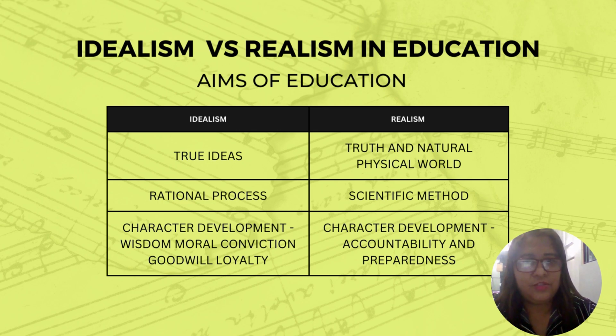So if idealism is more on ideas in your mind, realism is a combination of ideas and adapting to the physical environment. In idealism, there's the rational process, and in realism, it's the scientific method. Idealism's character development is wisdom, moral conviction, goodwill, and loyalty. In realism, the character development is for accountability.